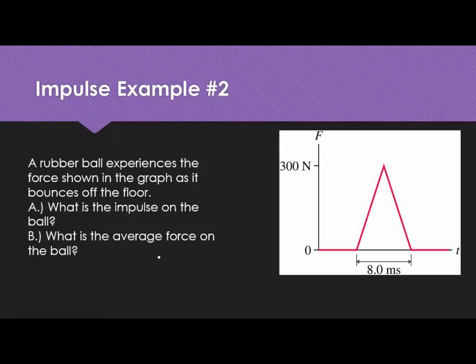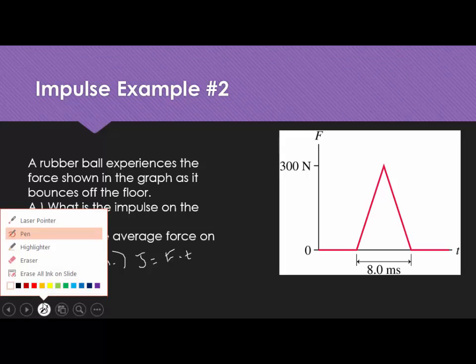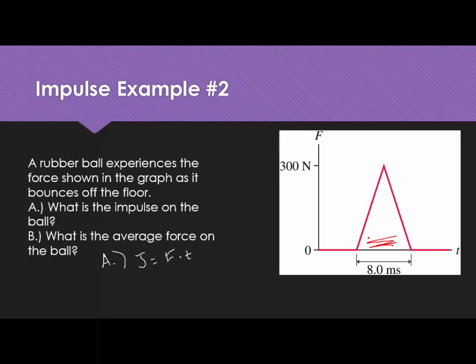So let's answer the first question. What is the impulse? So part A, impulse is force times time. In this case, it will be the area under our curve, right? And in this case, our area is this triangle. So we have to do impulse is equal to the area of that triangle, which is 1/2 base times height.